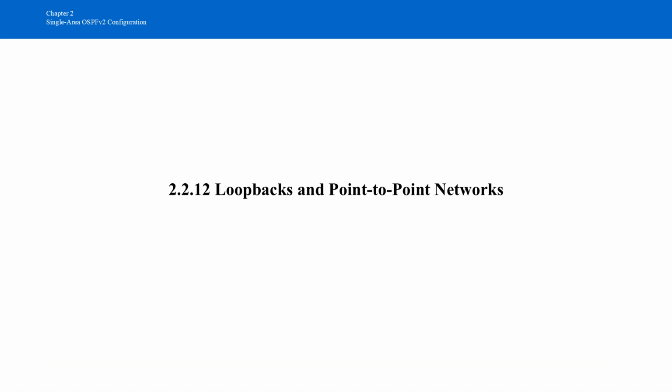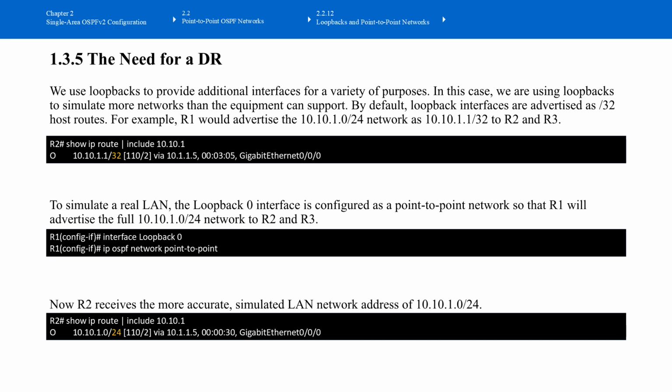2.2.12 Loopbacks and point-to-point networks. By default, OSPF advertises a loopback as a /32 host route, regardless of its configured subnet mask. For example, 10.10.1.1/32, but the loopback is being used to simulate the LAN 10.10.1.0/24.